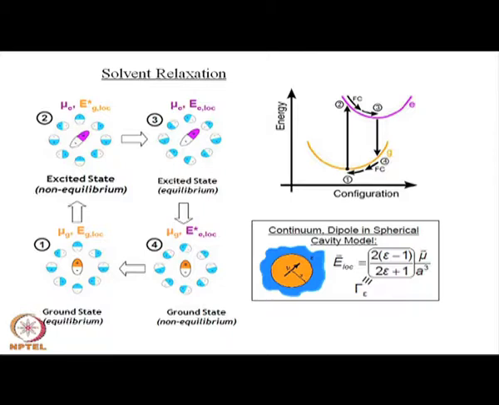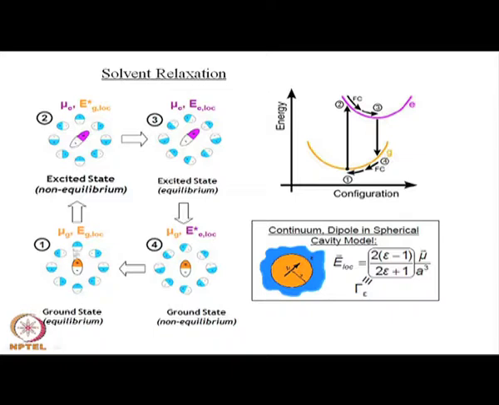Why? Because the solvent molecules remain over there as if they are static. So it is basically a Franck-Condon excitation. Franck-Condon means this electronic transition is taking place at a static nuclear coordinate, that is, the nuclear coordinate is not changing.